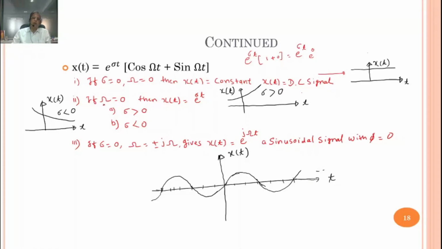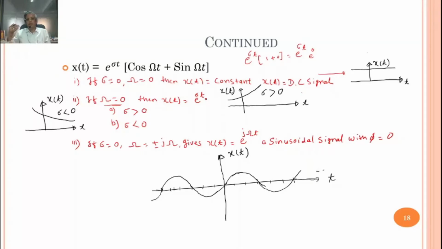And if omega is 0 and sigma is not 0, that time we are getting the exponential signal, and that exponential signal is either increasing or decreasing, which we studied in the previous slide. That is the real exponential signal.